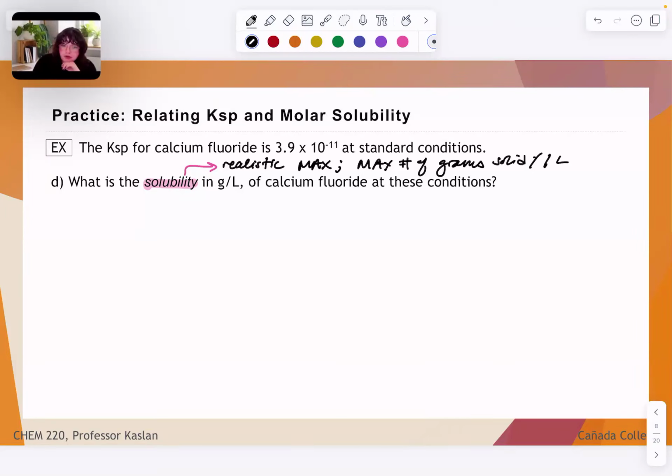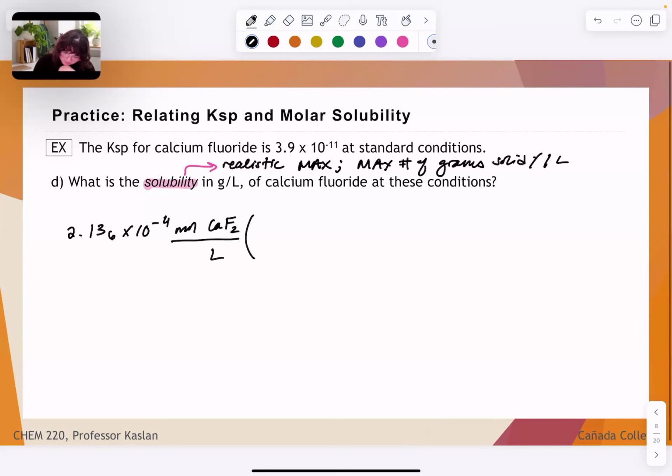So let's think about what we know. We know that the max number of moles is 2.136 times 10 to the negative 4 moles of calcium fluoride dissolvable per liter. And I want to do something to this unit so that I'm left with grams of calcium fluoride per liter.